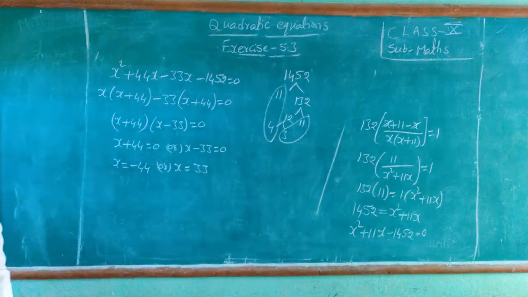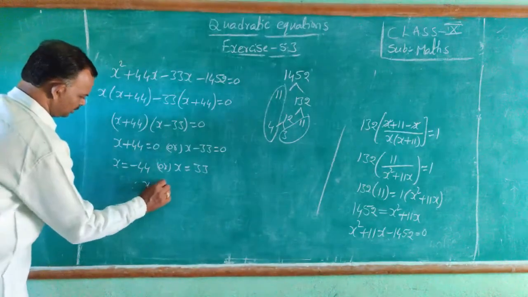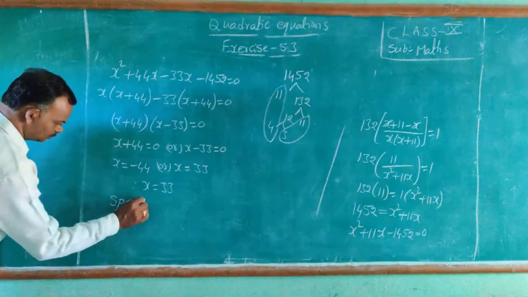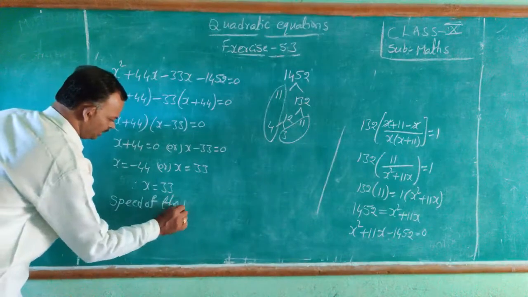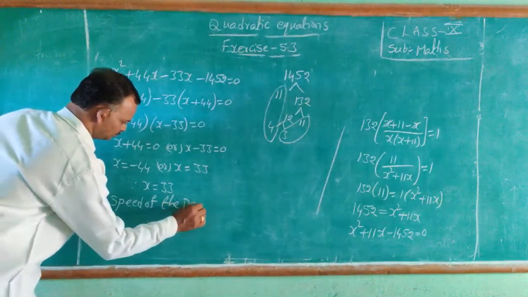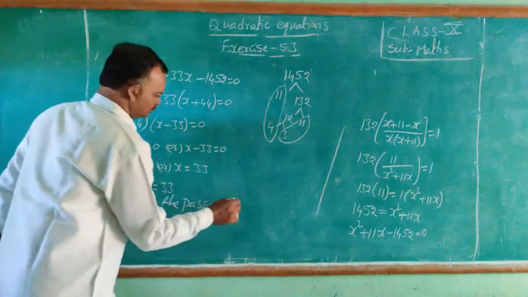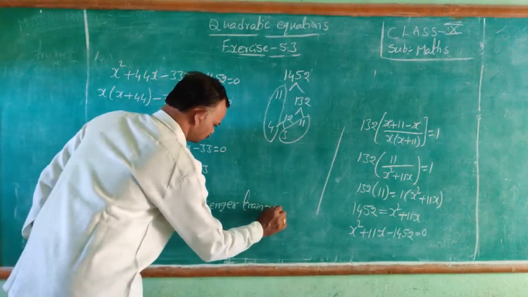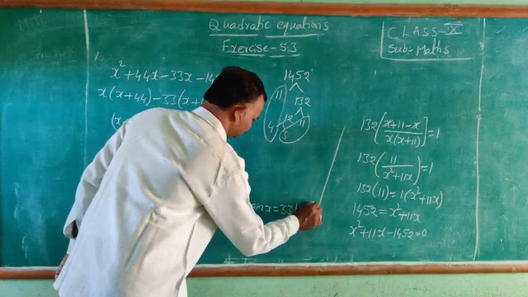x means speed of the train. It is not negative. Therefore, x is equal to 33. That means speed of the passenger train is x is equal to 33 kilometer per hour.